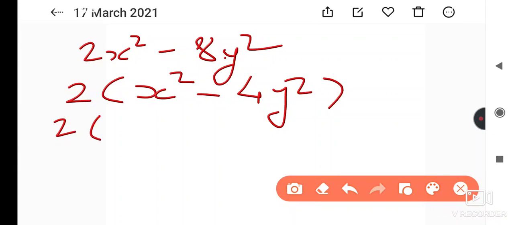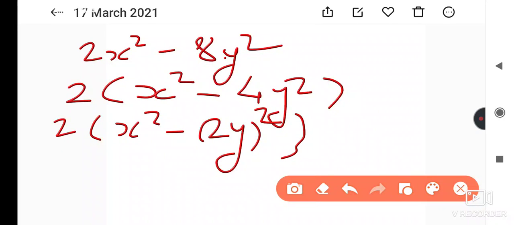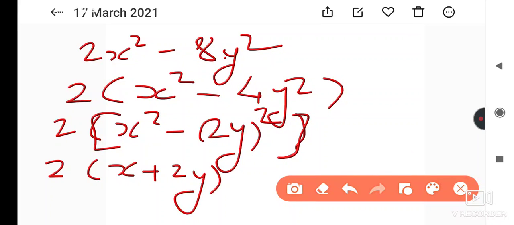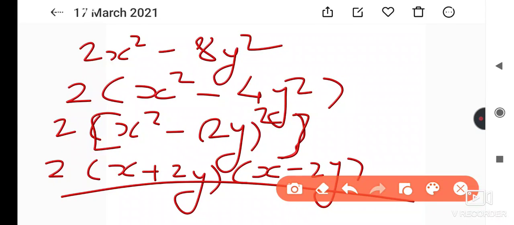Now we got x square minus 4y square, where 4y square is the square of 2y. So here again we got the factorization of a square minus b square. So here we have to do once addition and once subtraction of both terms: x plus 2y and x minus 2y bracket complete. In this way we have to solve the 10th example from exercise number 53.